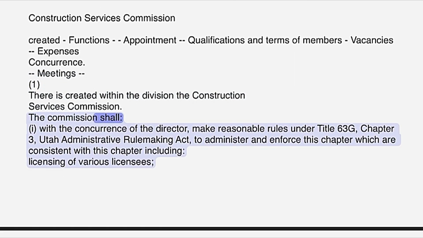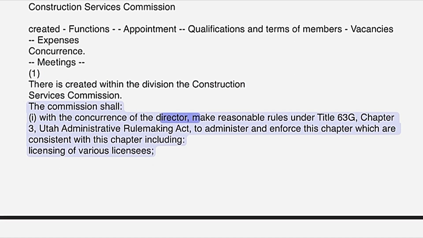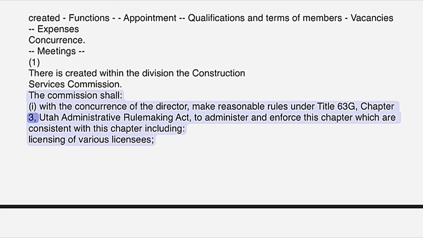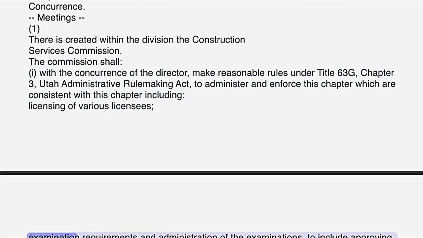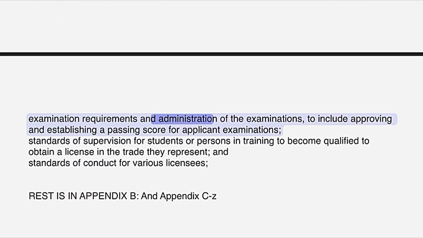The commission shall, with the concurrence of the director, make reasonable rules under Title 63G, Chapter 3, Utah Administrative Rulemaking Act, to administer and enforce this chapter, which are consistent with this chapter, including licensing of various licensees, examination requirements and administration of the examinations, to include approving and establishing a passing score for applicant examinations, standards of supervision for students or persons in training to become qualified to obtain a license in the trade they represent, and standards of conduct for various licensees.